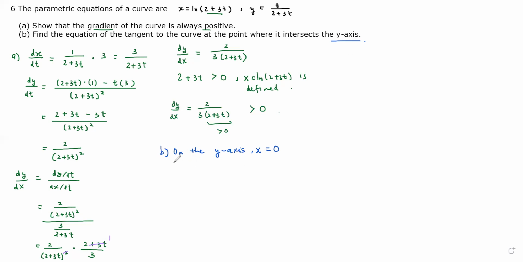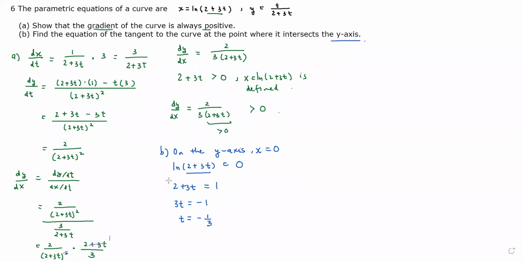When x is 0, we say that ln of (2 + 3t) is 0. This is only possible when 2 + 3t is 1. We know that ln 1 is 0. Solving for t, we have 3t equals -1, and t equals -1/3.